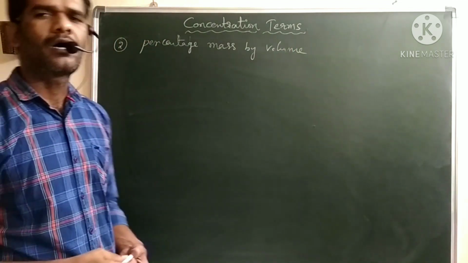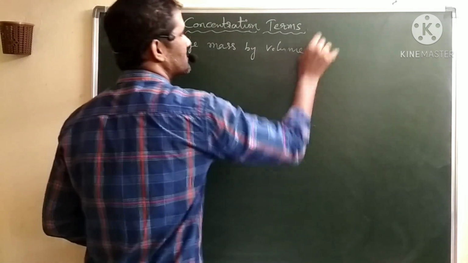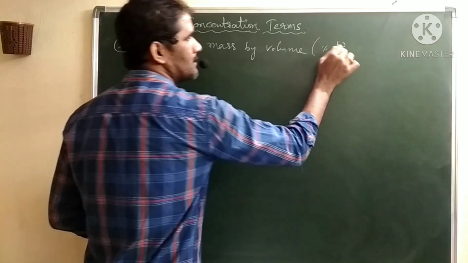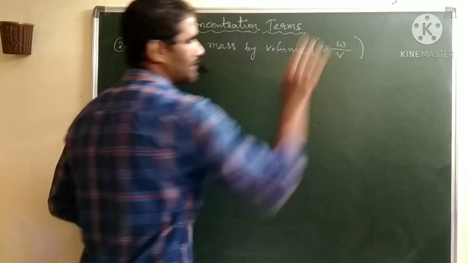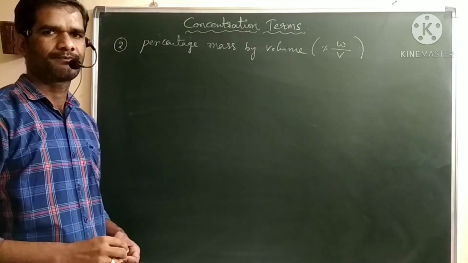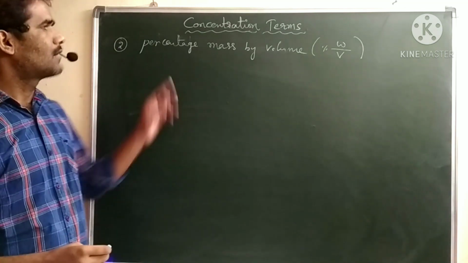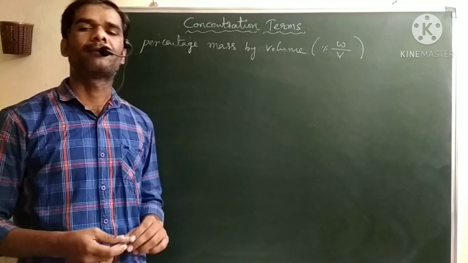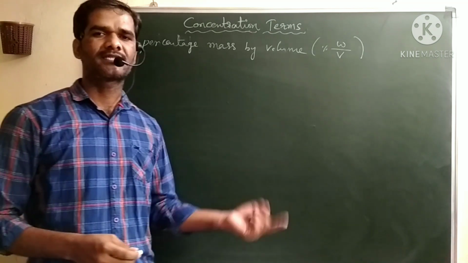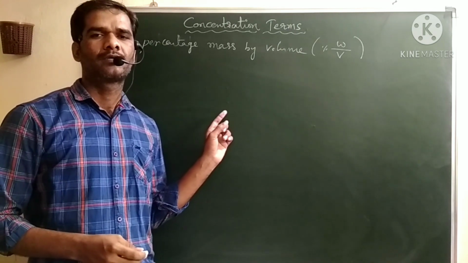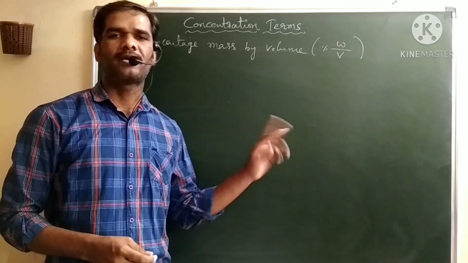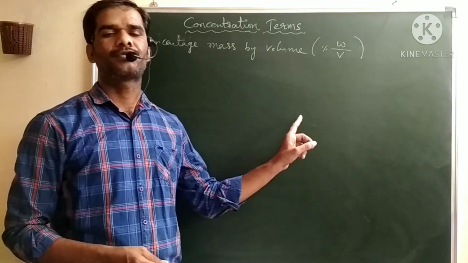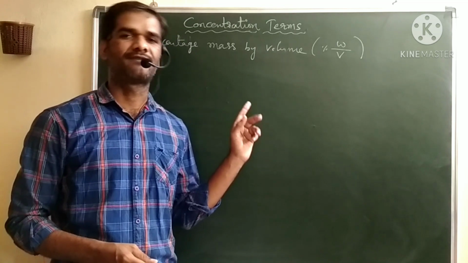Weight by volume or mass by volume. This represents the mass of the substance present in some volume of solution, W by V percentage. Again the definition: the amount of solute in grams present in 100 ml of solution. In the previous case, amount of solute and amount of solution were both in grams, but here the amount of solution is in volume. So this is different.